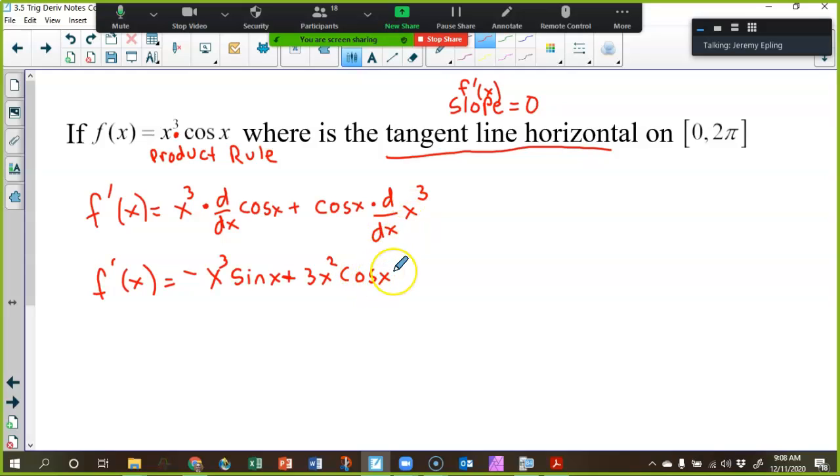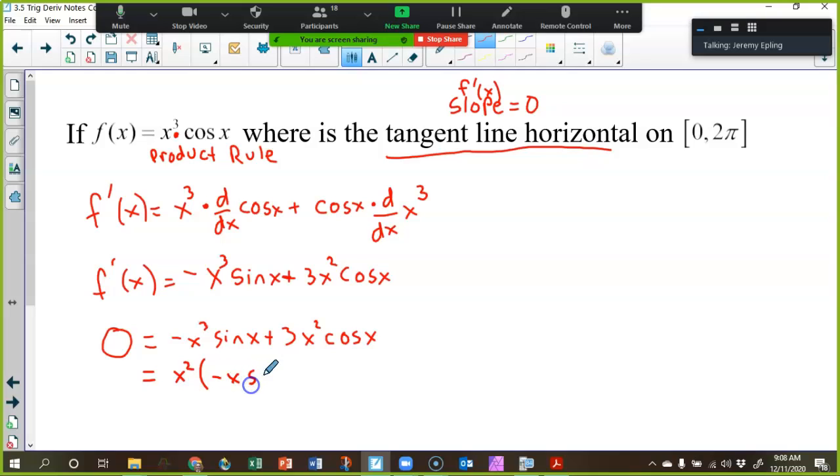So we have to be able to take the derivative. And then we need to be able to use some algebra skills. We want the derivative to equal 0, and we need to write that it's equal to 0. And we need to have the algebra skills to actually solve this equation. We can factor out an x squared or a negative x squared.